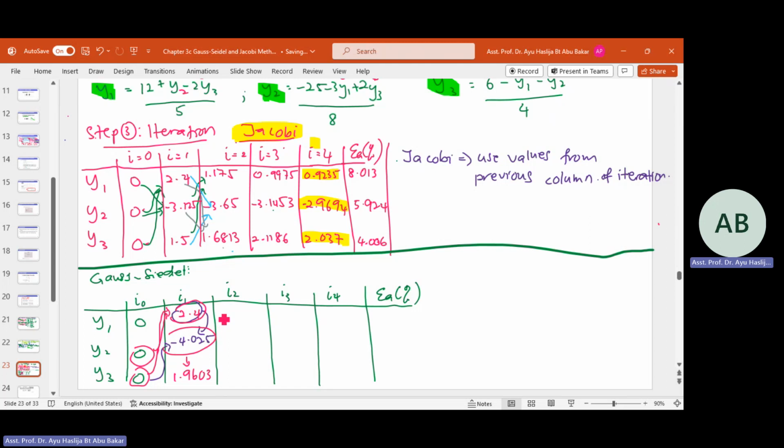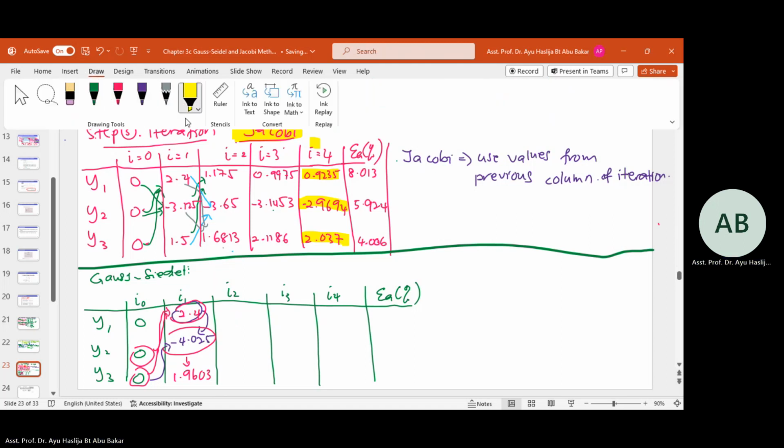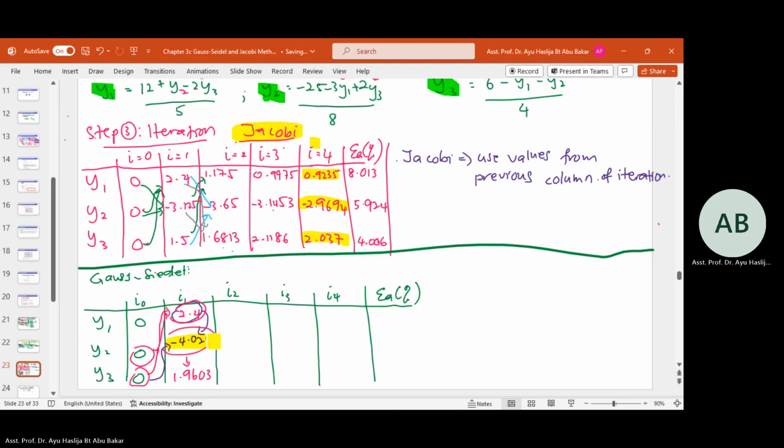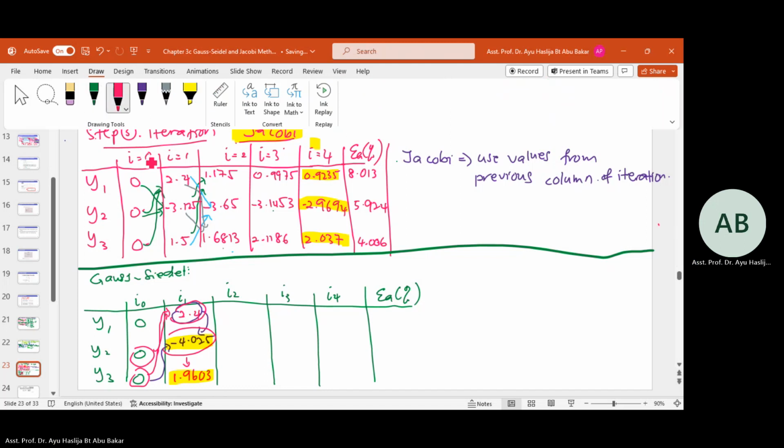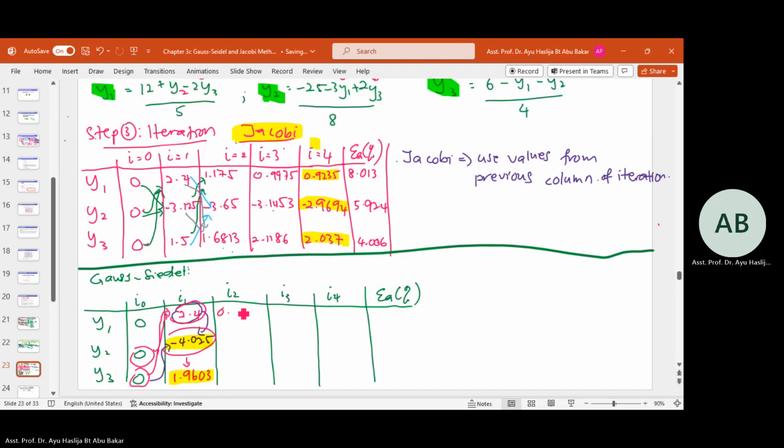Okay, now to find y1 in iteration number 2, you need to use the y2 from iteration 1 and y3 from iteration 1. Then you will get your y1 for I2. I'll share with you the values. Let's check whether you get the same as mine.